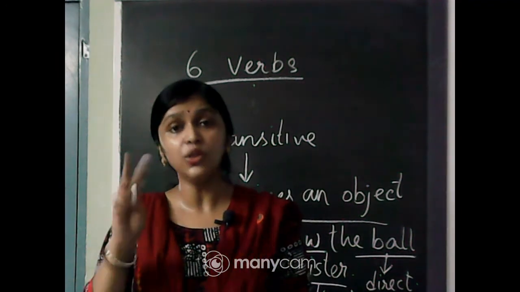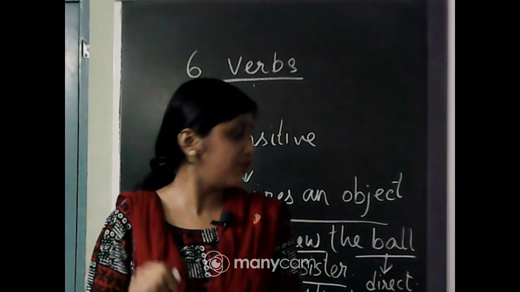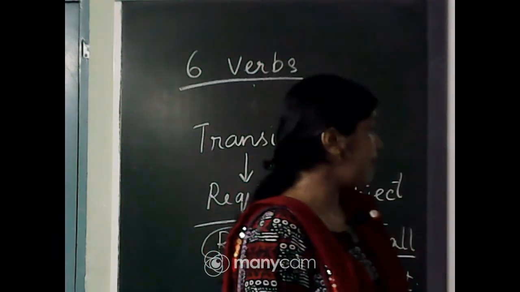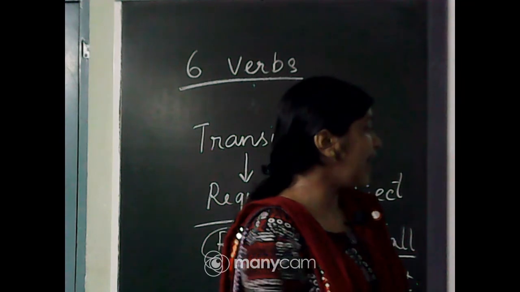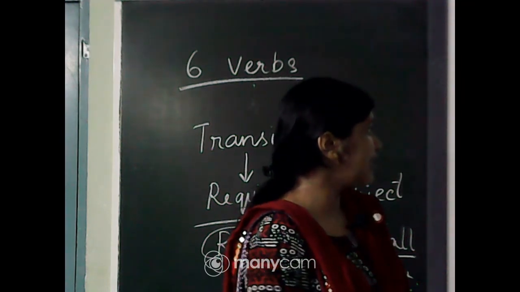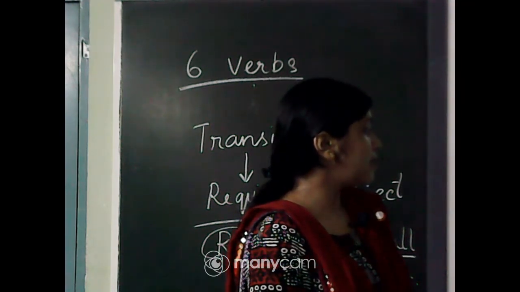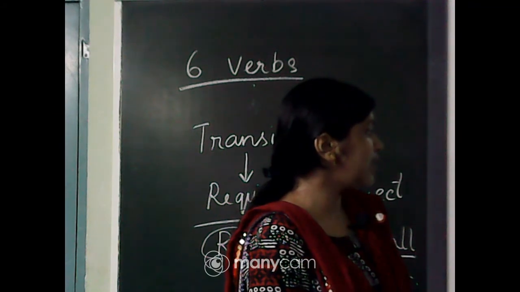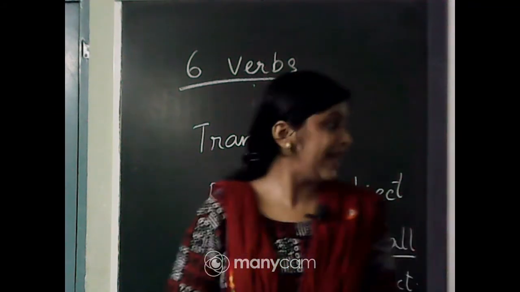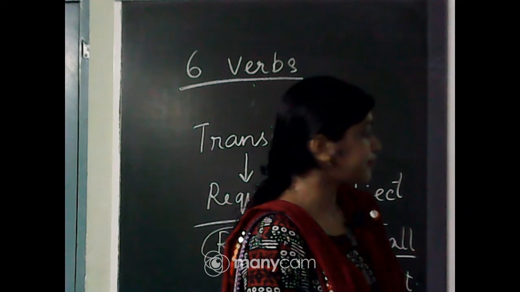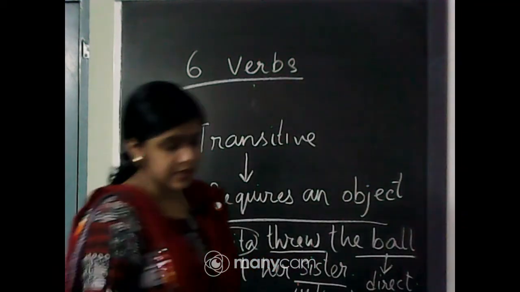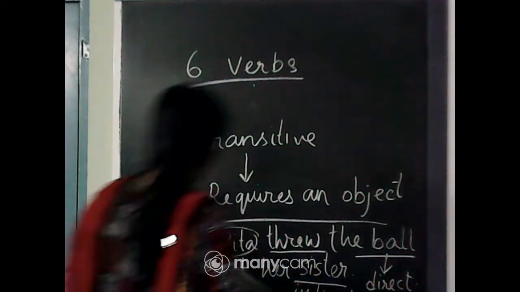But if there are two objects present, the first object which is directly being affected by the action, which normally answers the question what when it is asked to the verb, is the direct object. So, let us begin the first exercise.